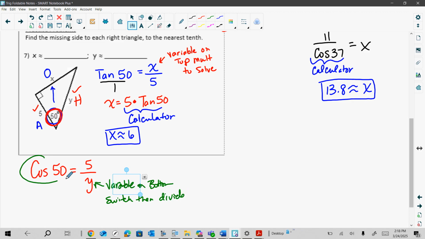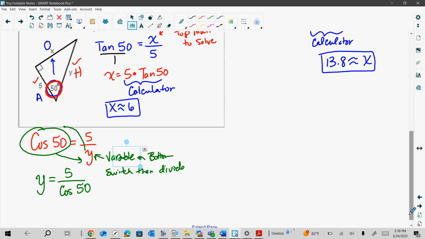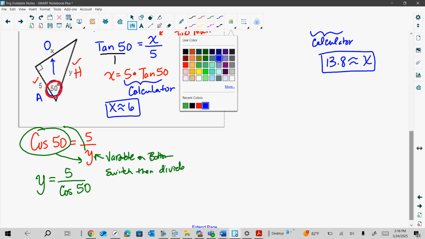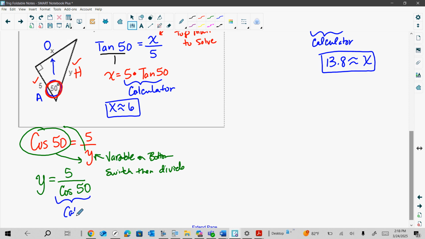Where this trig function is, we're going to switch it and put it where the y is, and the y is going to go on the other side of the equal sign where that trig function is. So when I switch them around, y equals 5 divided by the cosine of 50. And then this is the part that goes in the calculator to solve.